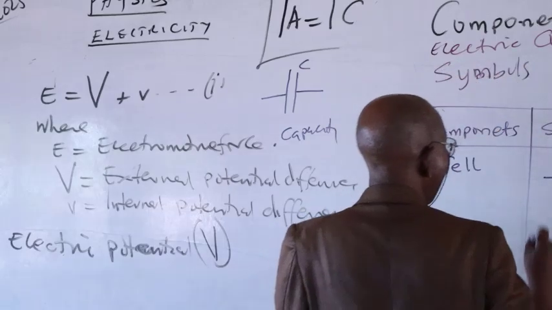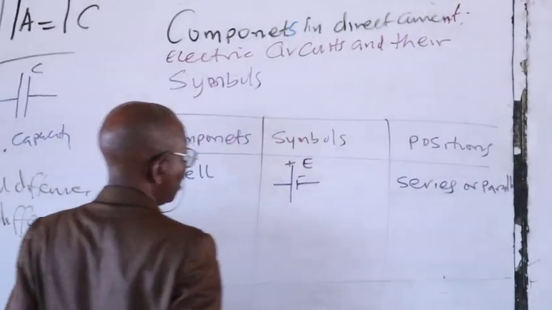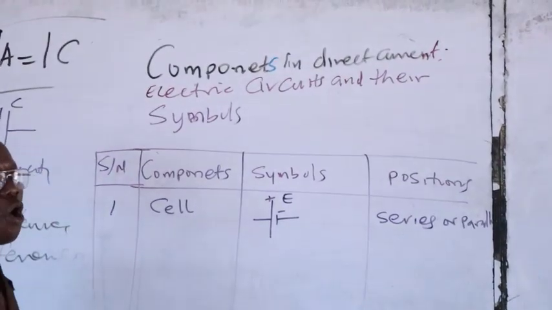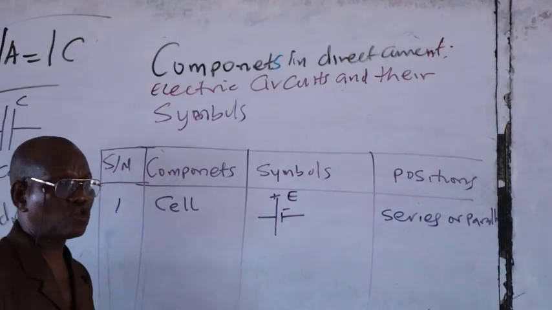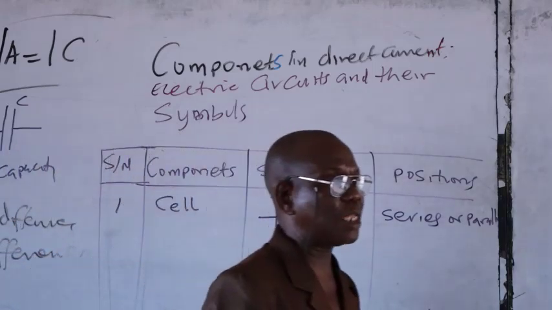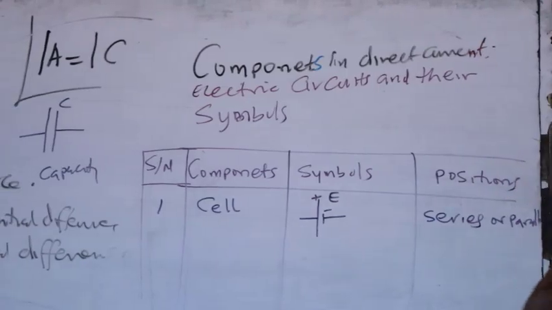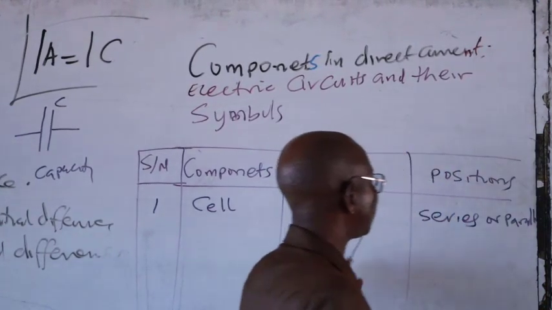Then you write on top of this, E will always be written. E stands for electromotive force. If there are two or more cells, then we talk about equivalent or total electromotive force, E total. That is when you have more than one cell in the circuit.